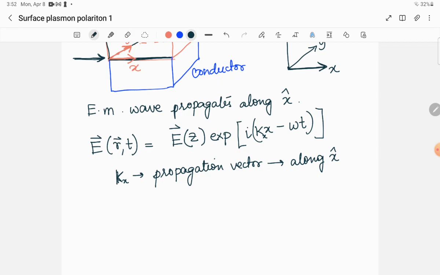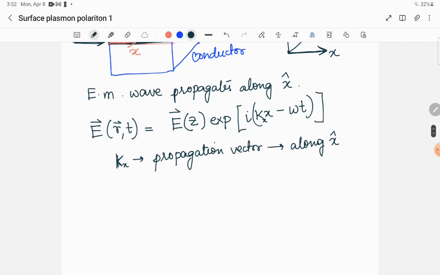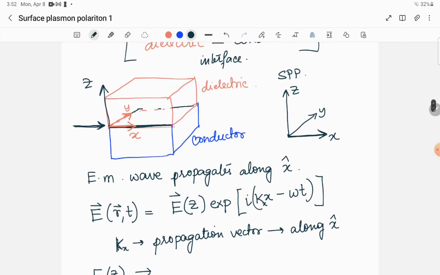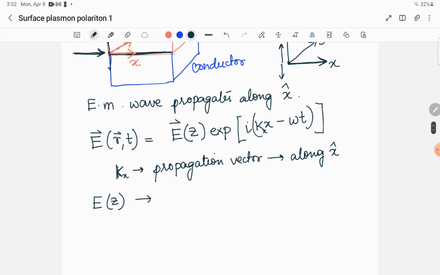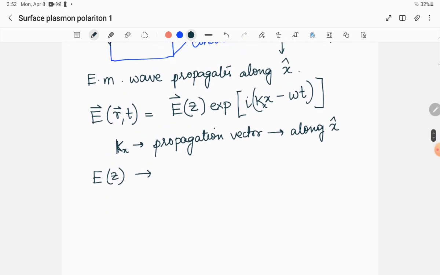Now coming to this Ez, what is this? The amplitude of the electric field is said to be a function of z, which means that as you go along the z direction, plus z or minus z, into the dielectric or into the metal, you have a change in the amplitude. This is defined by evanescent fields.